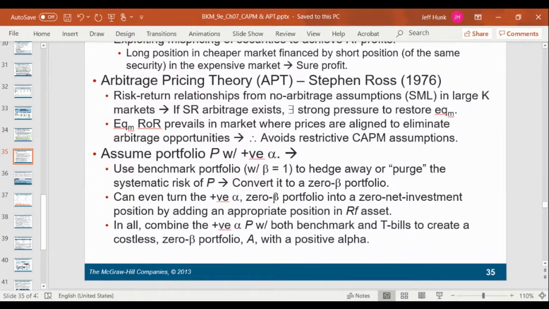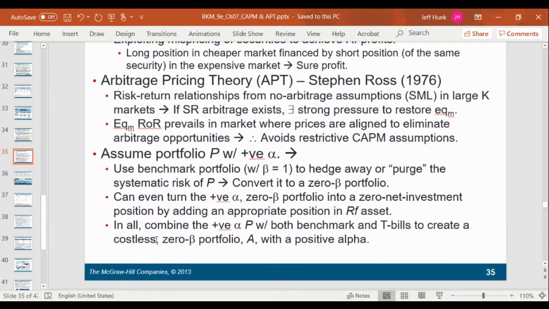It will always give you that alpha. We can even turn that positive alpha zero beta portfolio into a zero net investment position by adding an appropriate position in the risk-free asset.